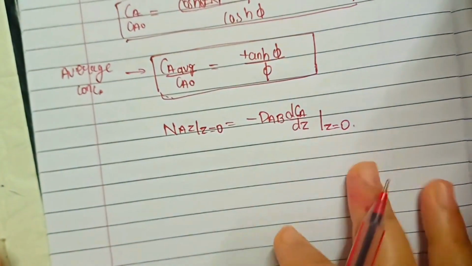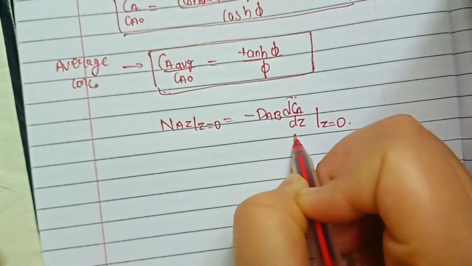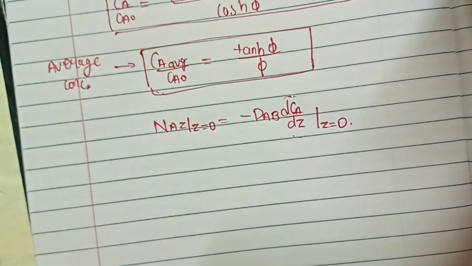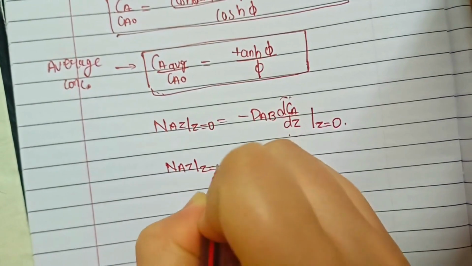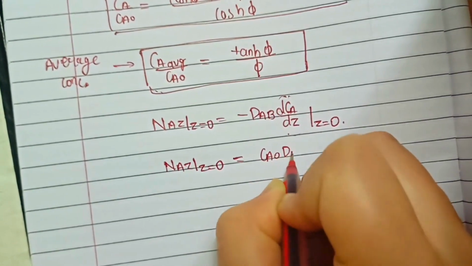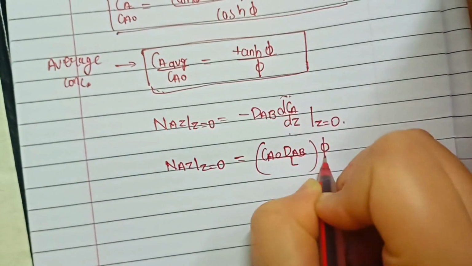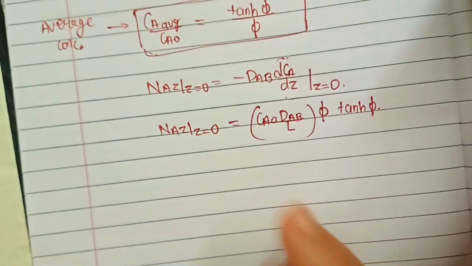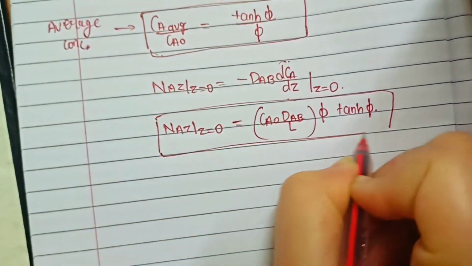So after taking the gradient of this, we get NAz at z equals 0 equals Ca naught DAB upon L into phi into tanh phi. So this is the required flux profile.